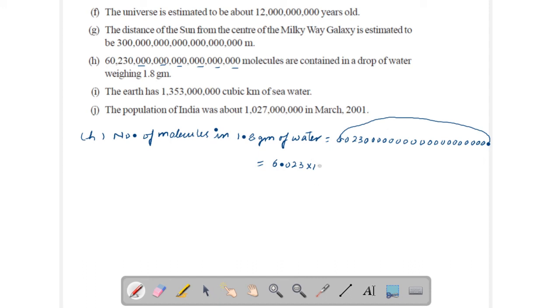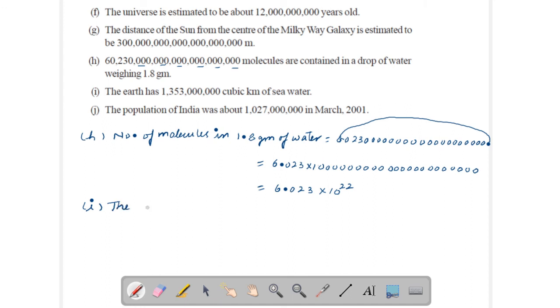Here put 22 zeros. 1, 2, 3 up to 22. This can be written as 6.023 into 10 raised to the power 22. Come to the next part, that is I.